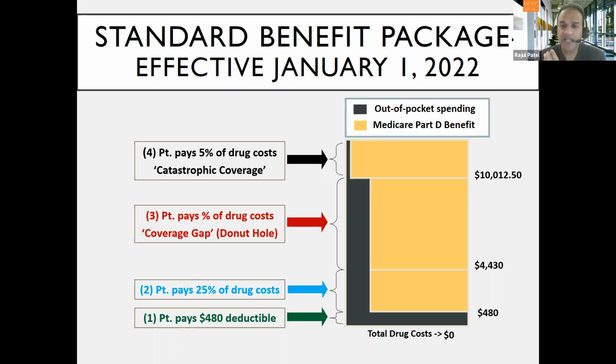I'm taking the same medication written by the same doctor, filled by the same pharmacy, and under the same Medicare drug plan. And in January, I was charged $100, and in June I was charged $25, and in November I was charged $5. Why? Because what's happening behind the scenes is the Medicare drug plan is determining which of these four phases of the benefit you're in. So in January, you were in the deductible phase, and your $100 med, you pay $100 for.